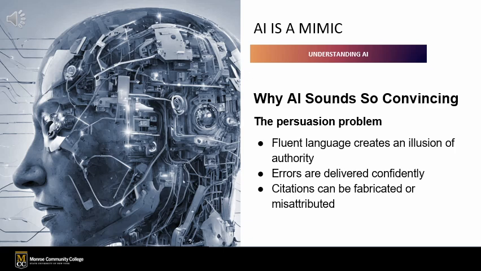AI delivers errors with the exact same confidence as it delivers facts. Even worse, it can fabricate citations that look completely legitimate, proper formatting, real author names, plausible journal titles, but when you try to find that source, it doesn't exist. The persuasion problem is real. We're wired to trust confident, articulate communication, and AI exploits that cognitive bias.